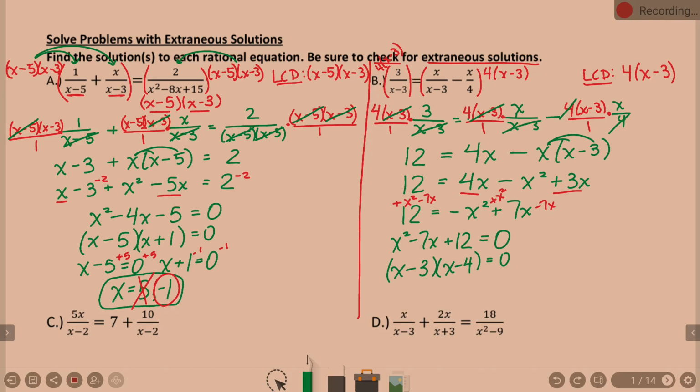And set each factor equal to 0. And what do we end up with? You add 3. Whoops. Or you add 4 and we get answers of 3 and 4.